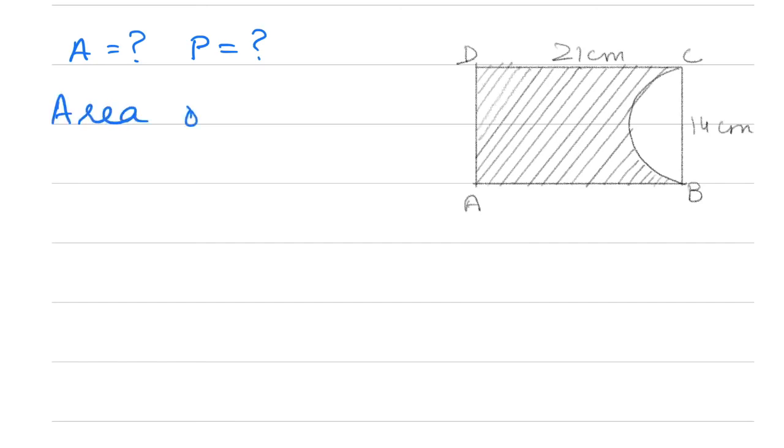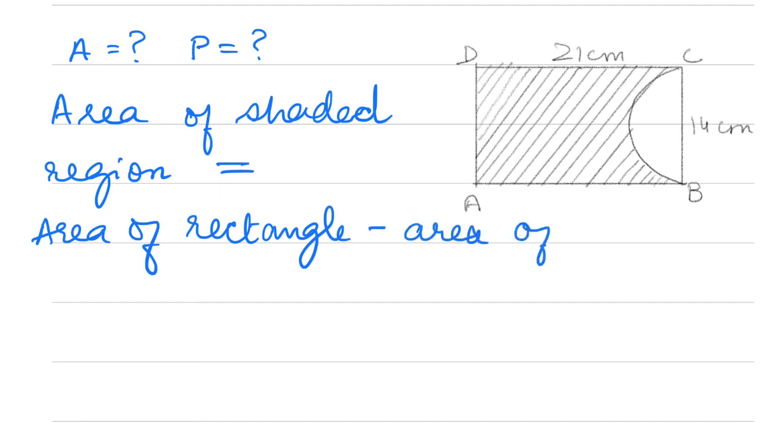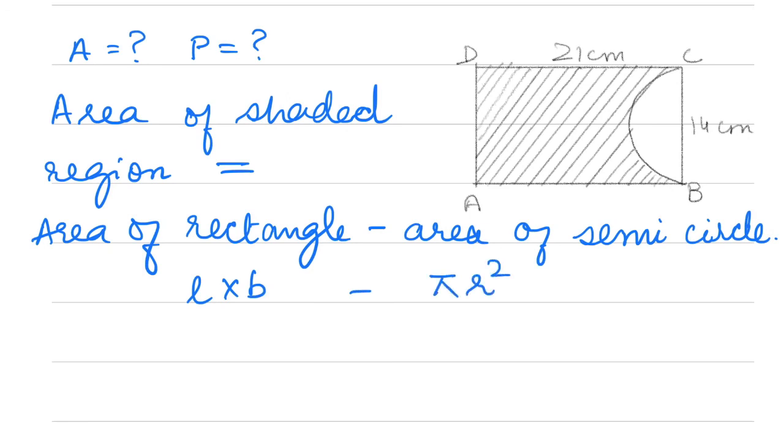Area of shaded region will be equal to area of rectangle minus area of semicircle. Area of rectangle is length into breadth and area of semicircle is pi r square by 2. Length into breadth is 21 into 14 centimeter and minus 22 by 7.